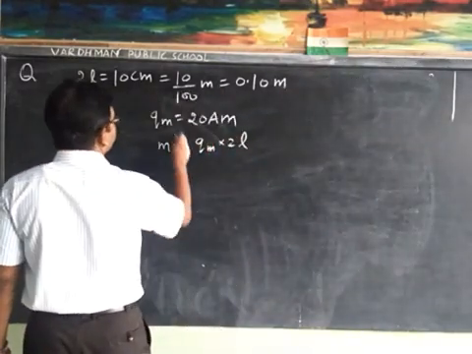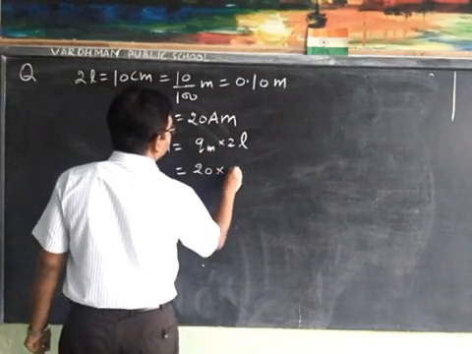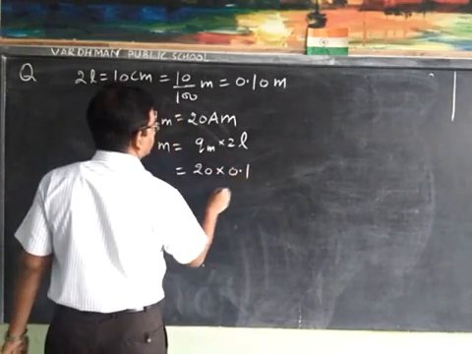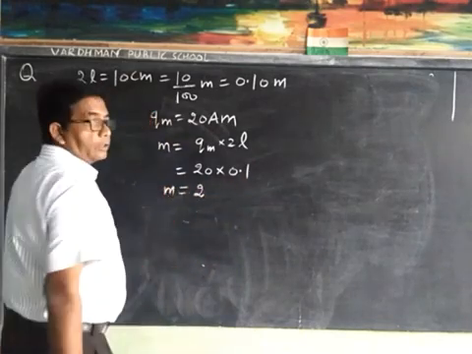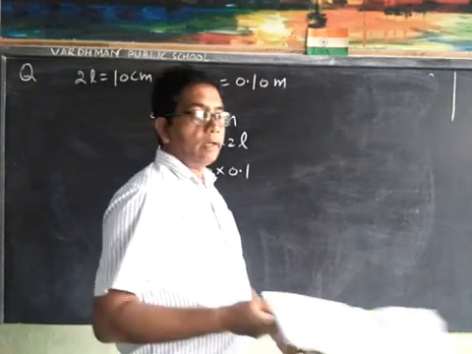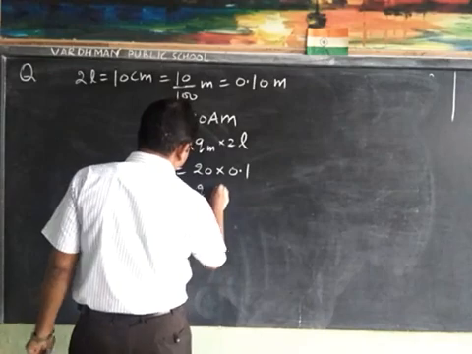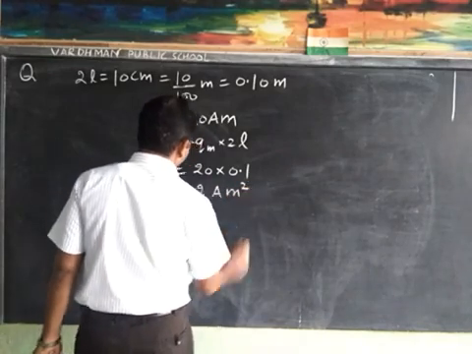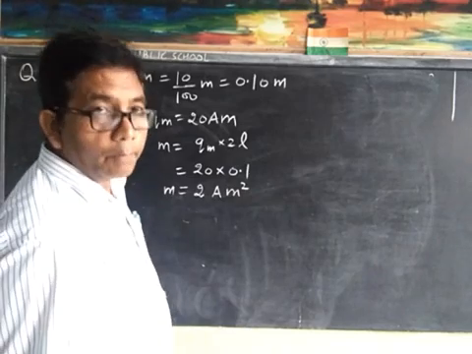What is the value of Qm? 20 into 2L, 0.1. That is 2 ampere meter square. Now our next numerical.